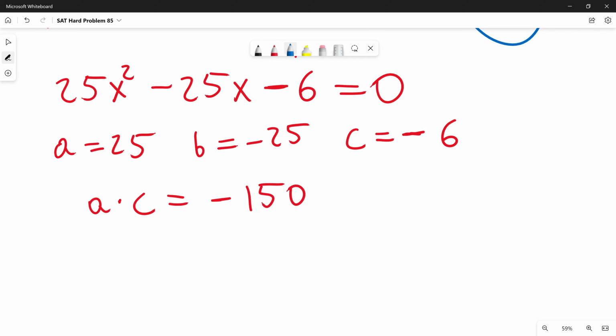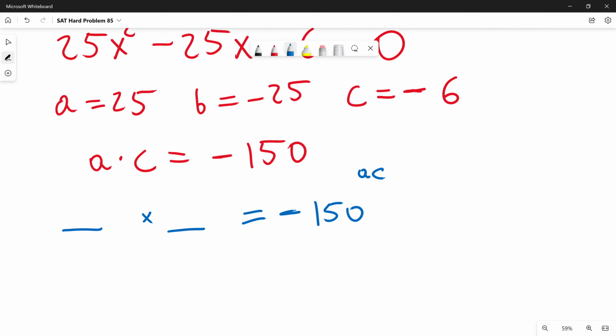Now at this moment I'm looking for two numbers. Something times something to get ac, which is negative 150. And the second condition, something plus something is equal to b, and b is equal to negative 25.